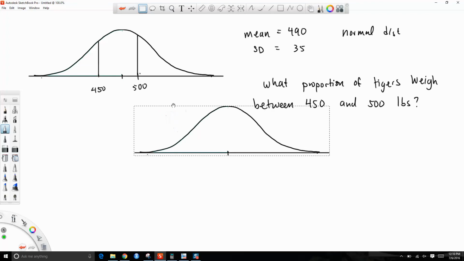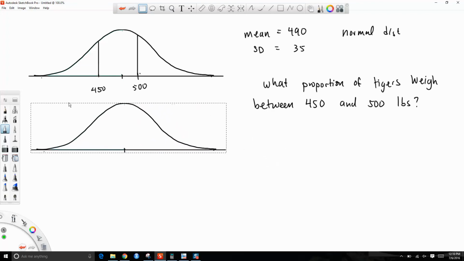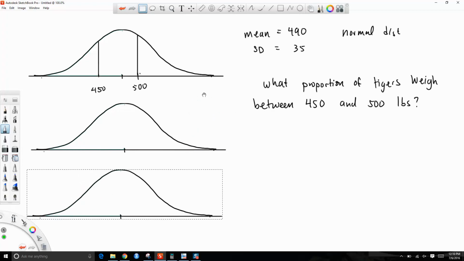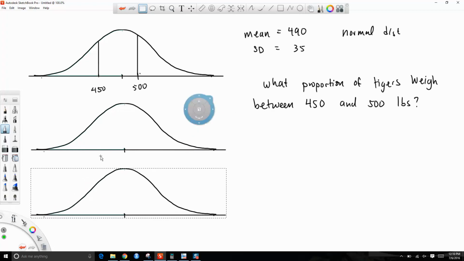So the way we're going to calculate this is I'm going to take everything to the left of 500, and I'm going to subtract off everything to the left of 450.